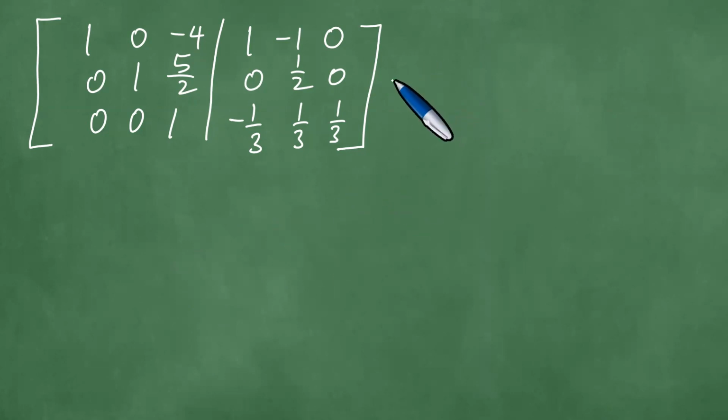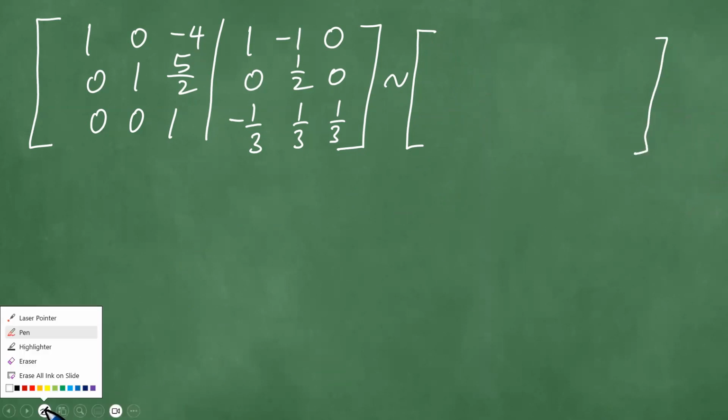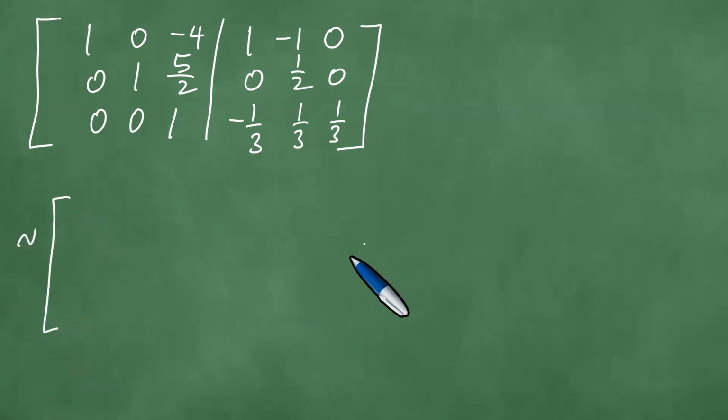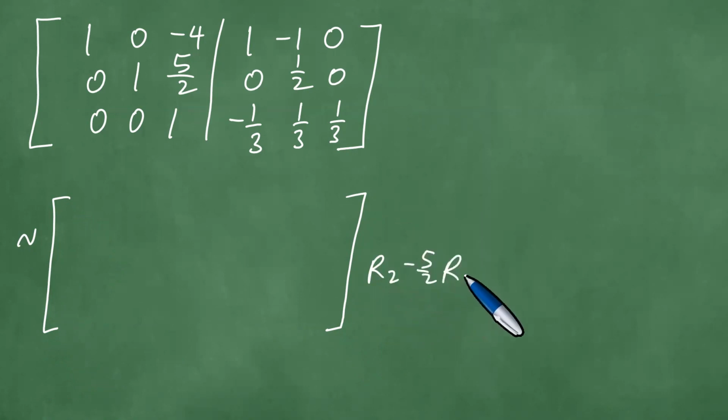So now, all right. Can write at the bottom of this, okay? So row 2 minus 5 over 2 row 3.